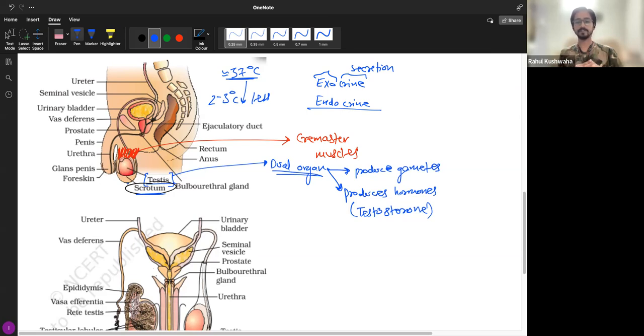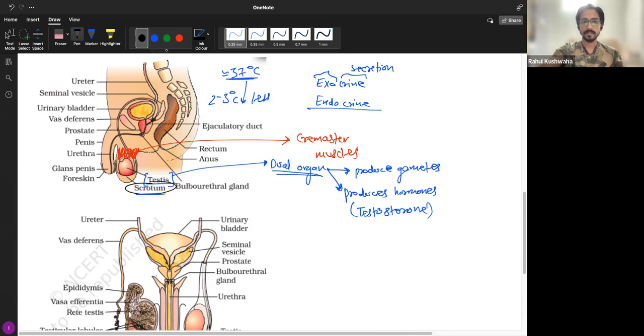It's very rare, but it's a phenomenon. But mostly if it doesn't descend before birth, then it's a problem. Then surgically, doctors have to bring the testes down into the scrotum. That condition where testes fail to descend into the scrotum and stay in the abdomen when the baby is born is called cryptorchidism.